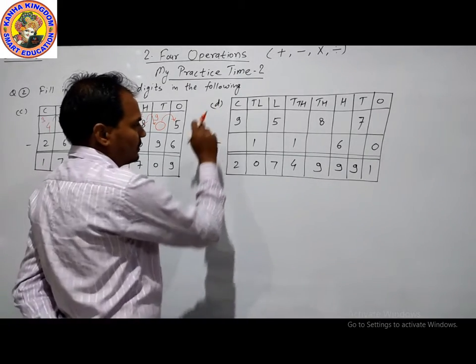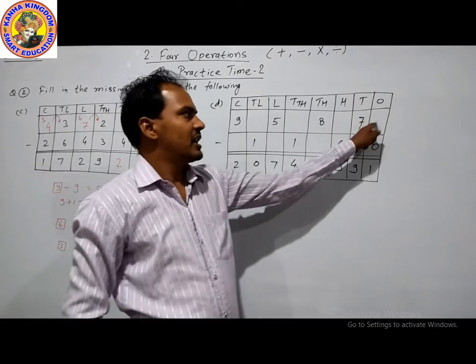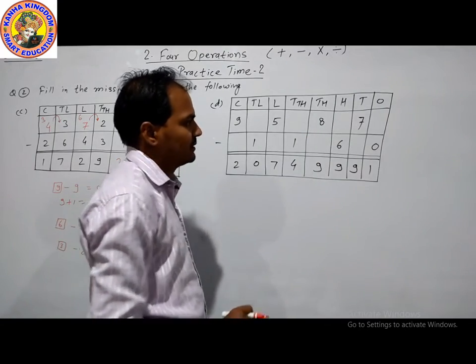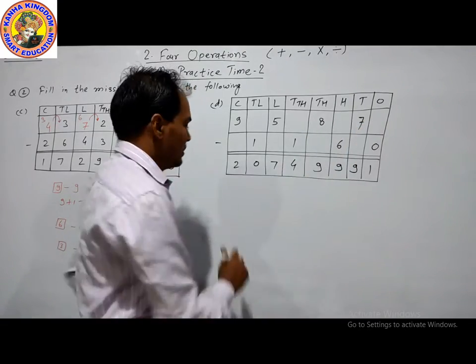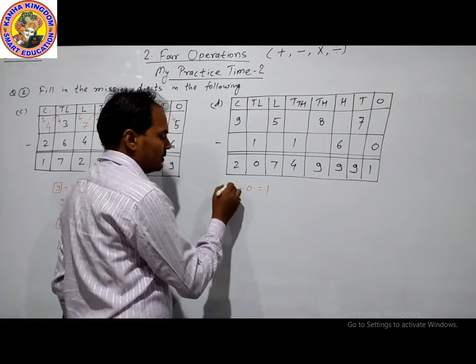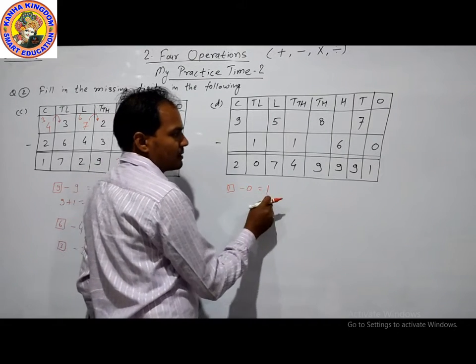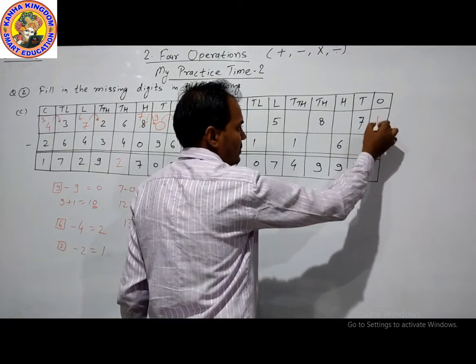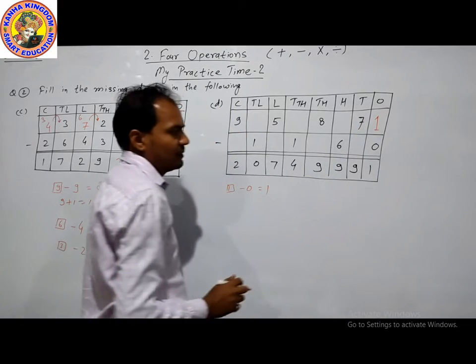Now taking part D, starting from the ones digit. A number minus 0 is equal to 1. 1 minus 0 is equal to 1. So here is the digit 1.